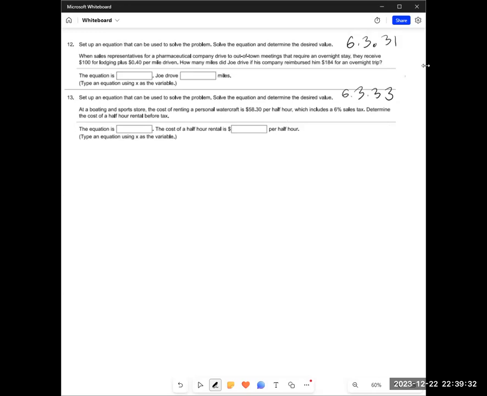So for this first problem, when a sales representative for a pharmaceutical company drives to out-of-town meetings that require an overnight stay, they receive $100 for lodging. So that's going to be a fixed $100 plus 40 cents per mile driven.